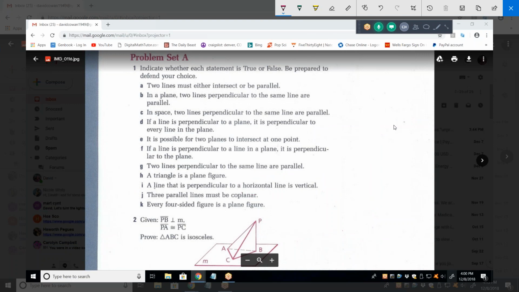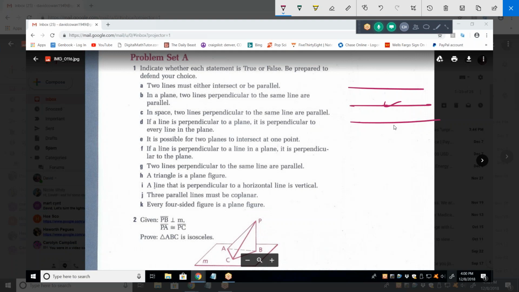Three parallel lines must be coplanar, meaning in the same plane. Well, we have the same problem. I don't know. I would say yes, but I suppose that if this one right here was in a different plane than the other, then it would not be a skew line, right?